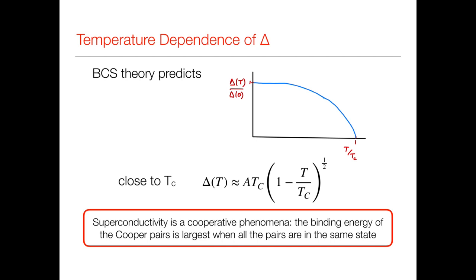So the magnetism increases the lower the temperature we go, and as we reach, say, the Curie temperature in a ferromagnet, the spontaneous magnetization goes away. So this superconducting gap is behaving mathematically very similarly to what happens in ferromagnetism.